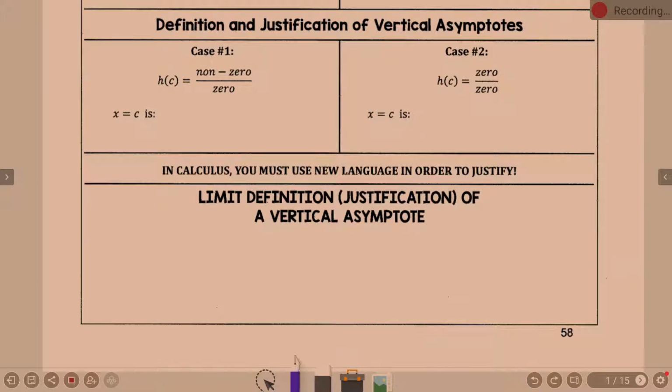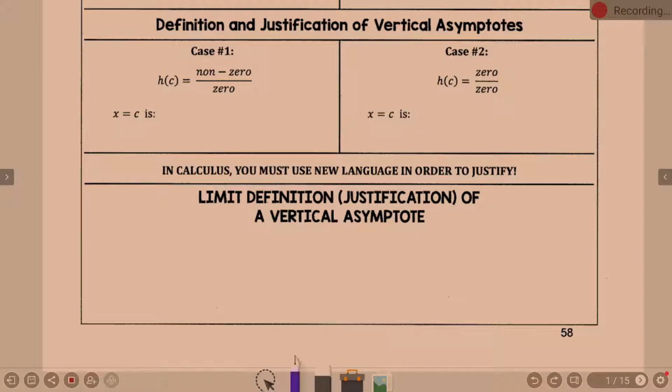So we have a case 1 versus case 2 idea. When you plug in a number value and you get a non-zero number over a zero, the idea is that your denominator is equaling 0 at that point, and that is going to be a vertical asymptote.